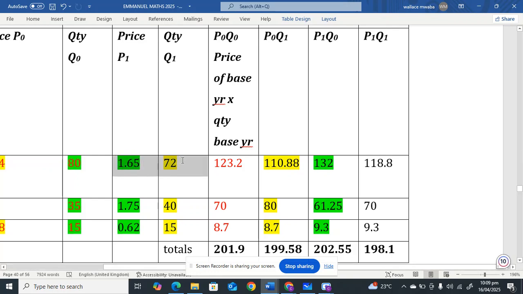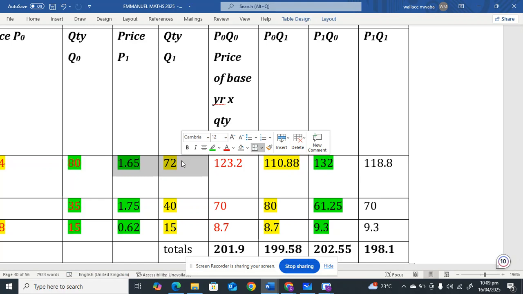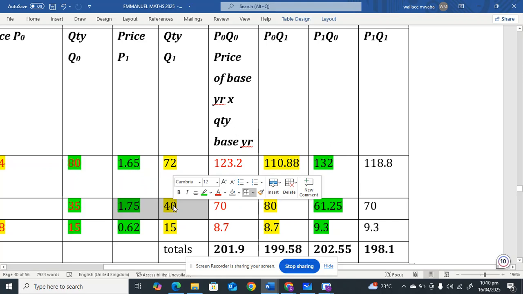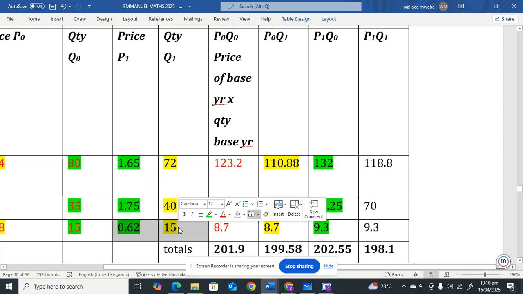So 1.65 times 72, 1.75 times 40, 0.62 times 15.